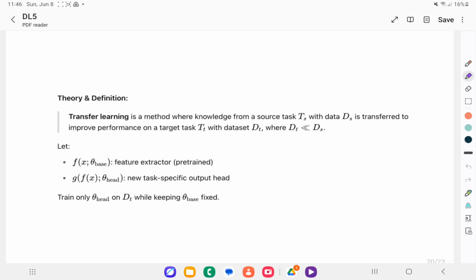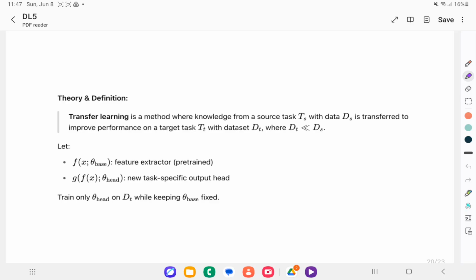Now, another important concept to discuss this week is the fine-tuning or the transfer learning methods. So let's start with transfer learning. It is a method where the knowledge from a source task, where we have data, is transferred to improve the performance on a target task with data set DT, where we have less data.